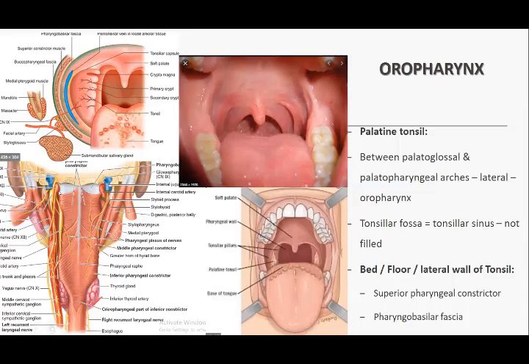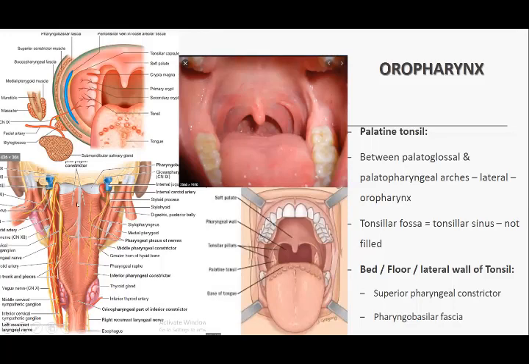Okay, pharyngobasilar fascia, one quick look at it. These are the muscles of the pharynx, and this entire thing is the pharynx. From here up to here, this is the superior constrictor muscle. Extending below the superior constrictor, from here to here, this small muscle is the middle constrictor. And this wide muscle below the middle constrictor is the inferior constrictor.